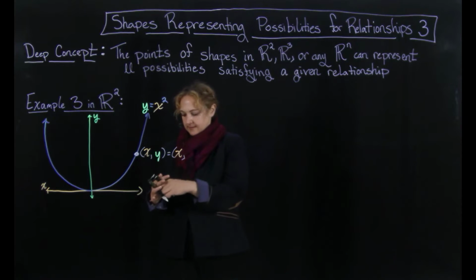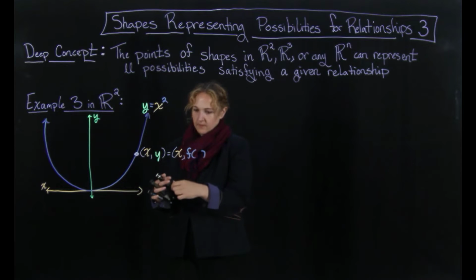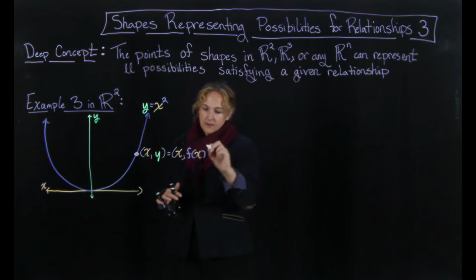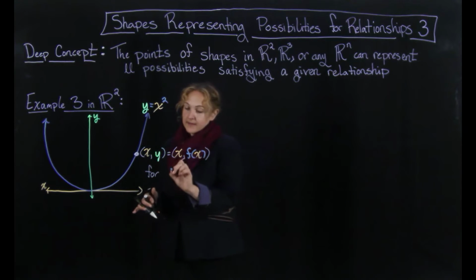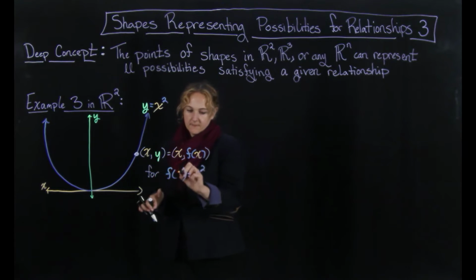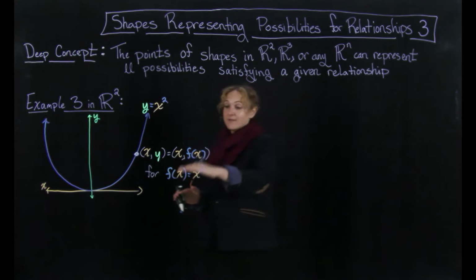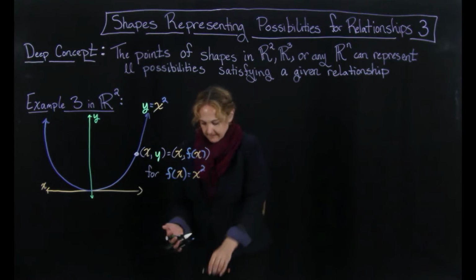So this is going to be f of x, where f of x is going to equal x squared. Okay, so this is the graph of this particular function, and the points look like your input and then your output for that function, right?